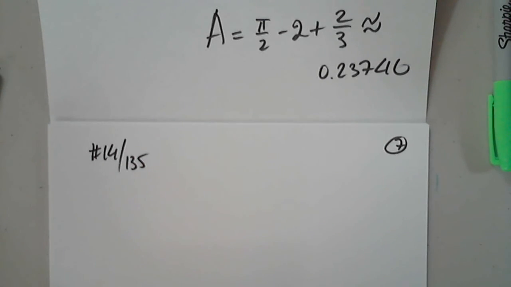So what was this? It was in 4.4. Yeah, it should not have been in there. They dropped the ball. 135, problem 14.